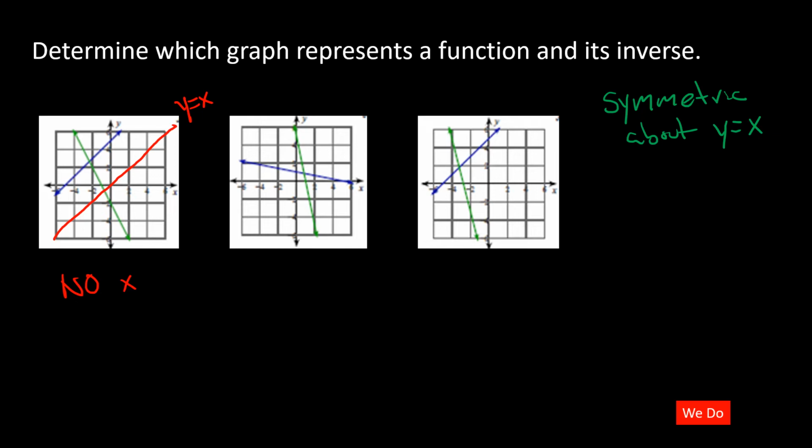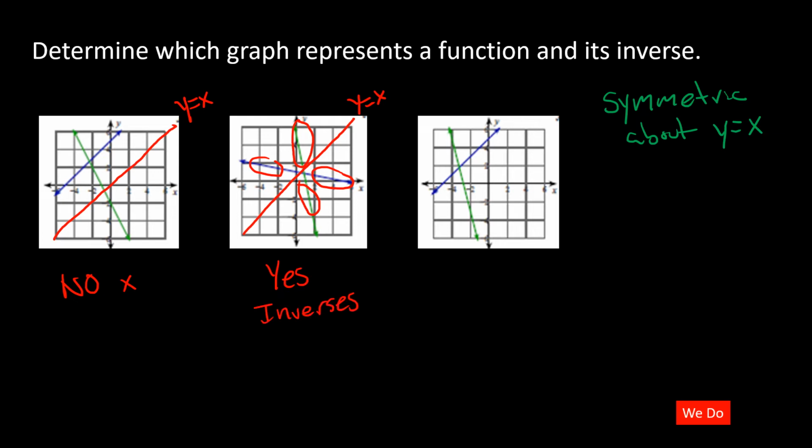What about the second one? I look at my y equals x line. If I was to fold on this red line, my blue here and my green would map. This one and this one would also map. This would be a yes, inverses of each other.